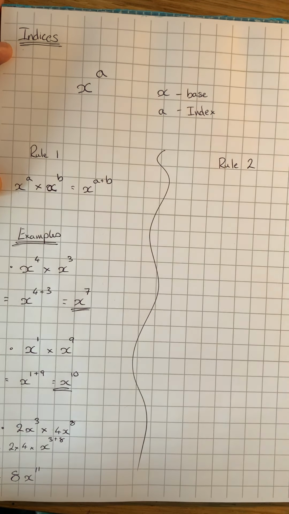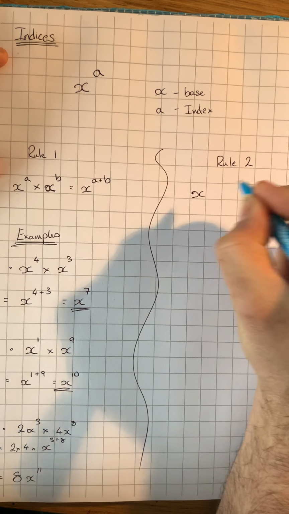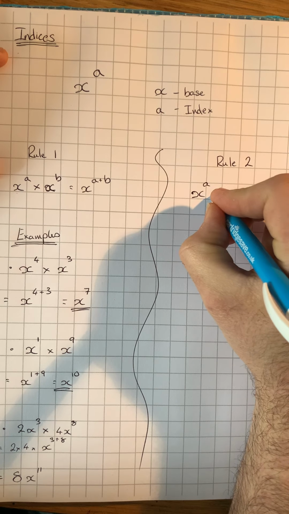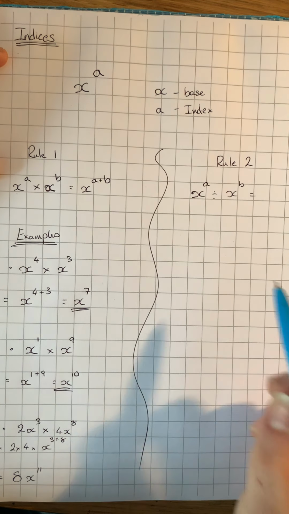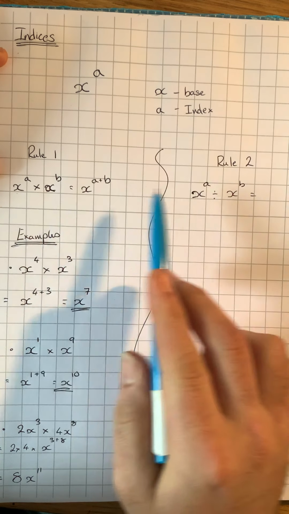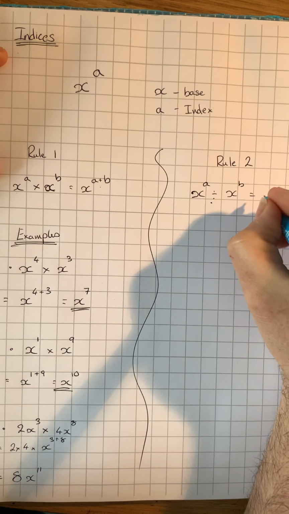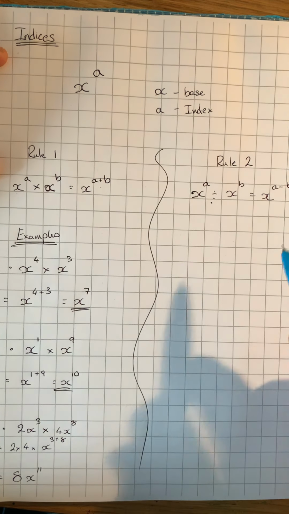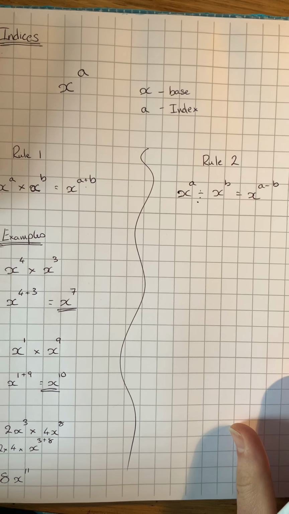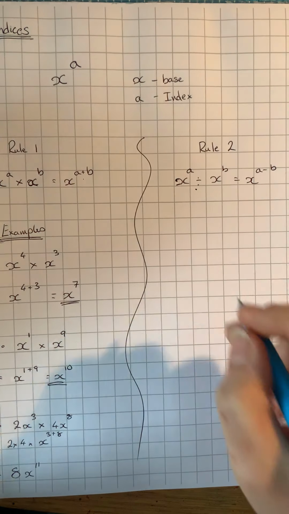The second rule is looking at the opposite. What if we're dividing? Say we get x to the a divided by x to the b. Logically thinking, multiplying and dividing are opposites, so the opposite of adding is going to be subtracting. So we just subtract our indexes from one another.